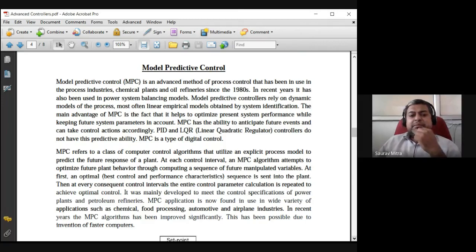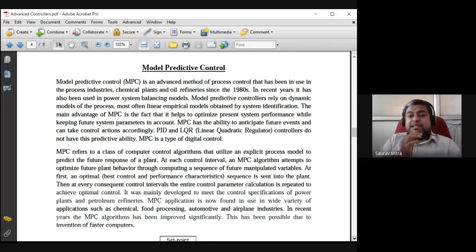Model predictive control, MPC, relies on dynamic models of the process that it is going to control. Most often, these are linear empirical models obtained from system identification. The main advantage of MPC is that it helps to optimize the present system performance while keeping the future of the system in account.